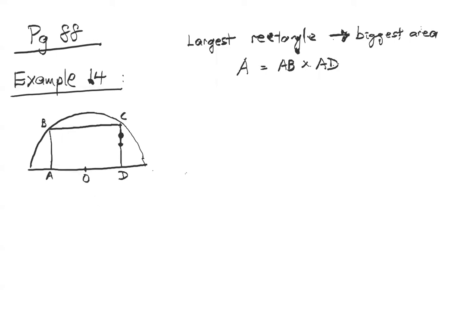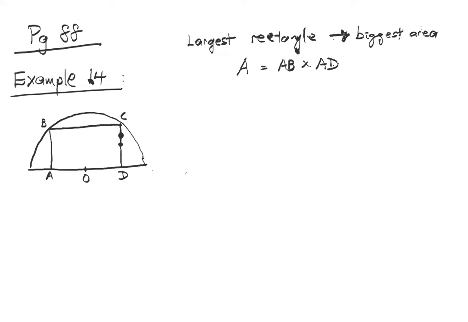Okay, yes. OD, because OD and DC, you can use Pythagorean theorem from OC to obtain CD, using OC and OD. Yes, because the only information that you know about this question is the diameter of the semicircle.